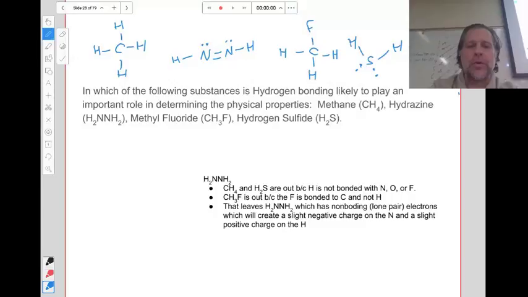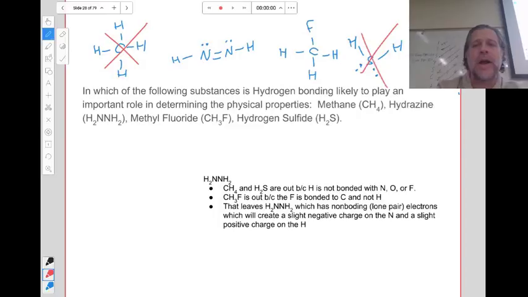So the question is, which of these substances would we be able to identify as having hydrogen bonding present? One of the things we can immediately get rid of is methane and hydrogen sulfide, because even though hydrogen is bonded to something, it is not bonded to a fluorine, an oxygen, or a nitrogen.